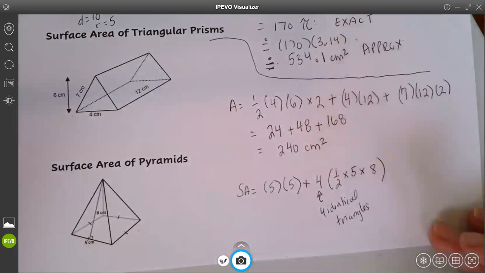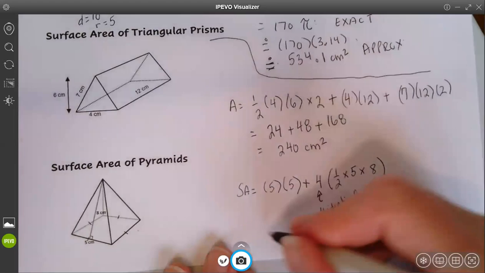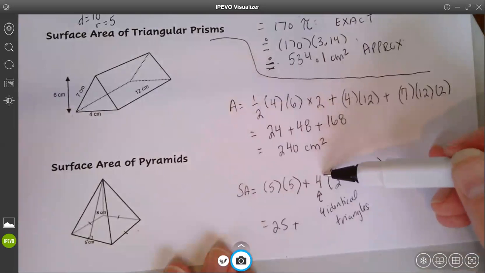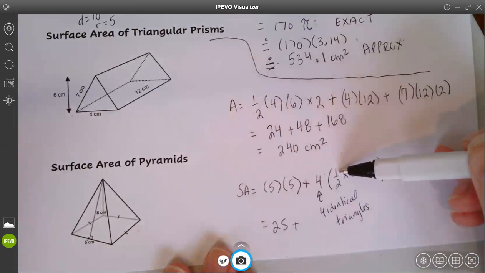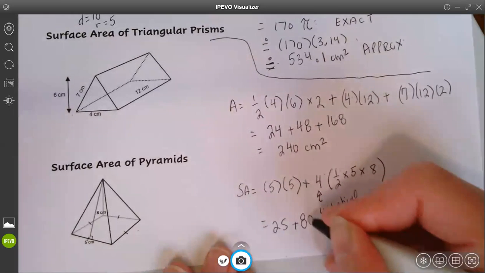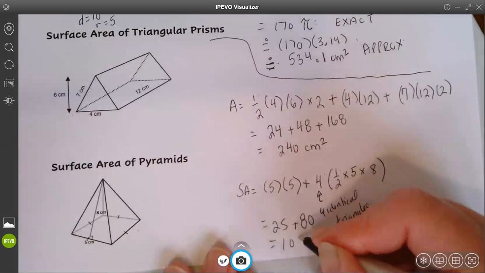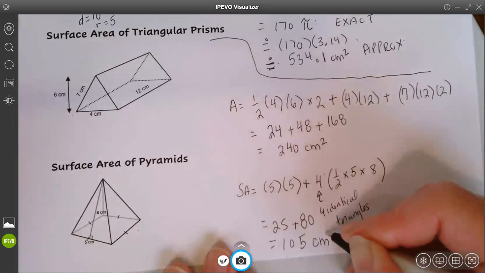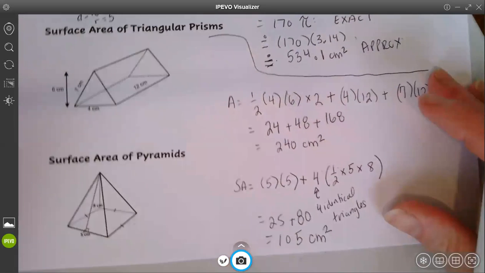And now we just need to clean this up. 5 times 5 is 25. And 4 times 1/2 is 2, times 5 is 10, times 8 is 80. And we add those two numbers together to get 105 centimeters squared.